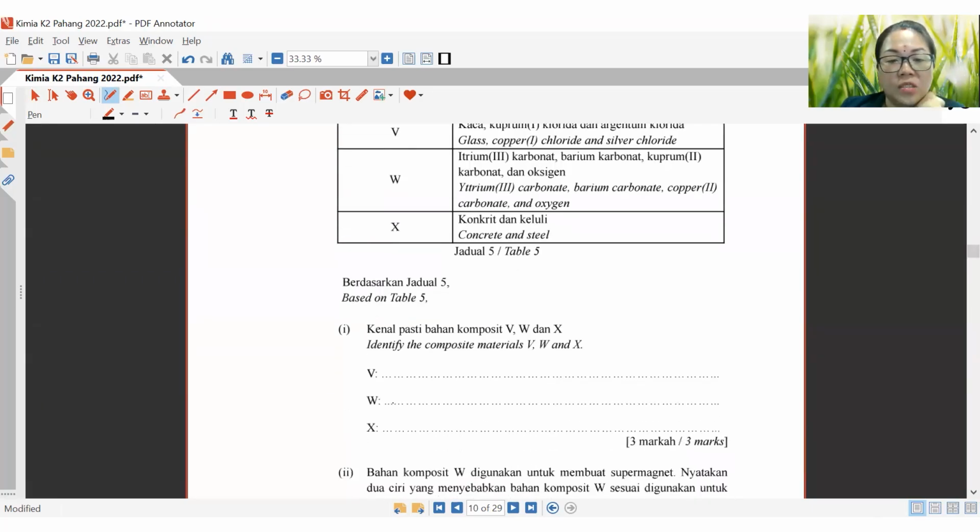Based on table 5, identify the composite materials V, W, and X. So for V, it's glass. It contains copper 1 chloride and silver chloride. So this is a photochromic glass.